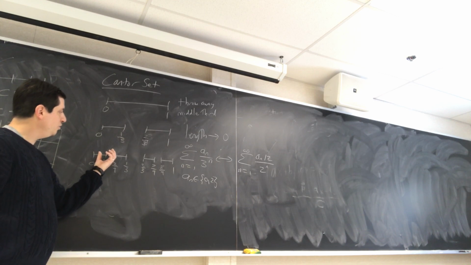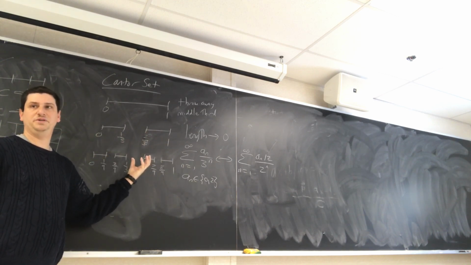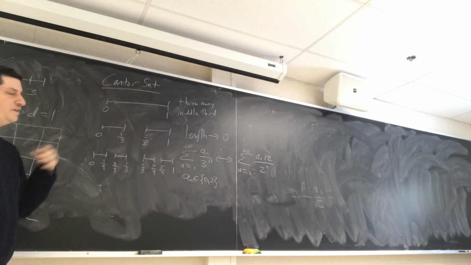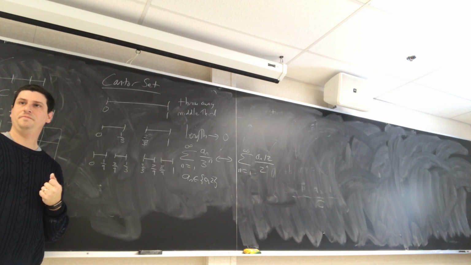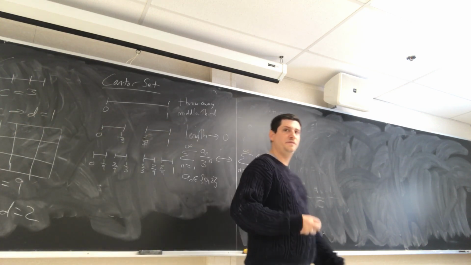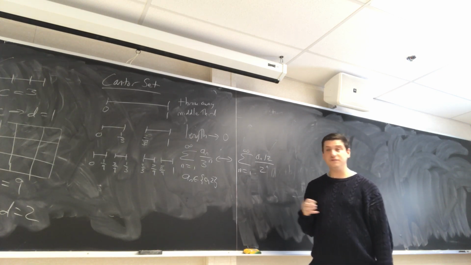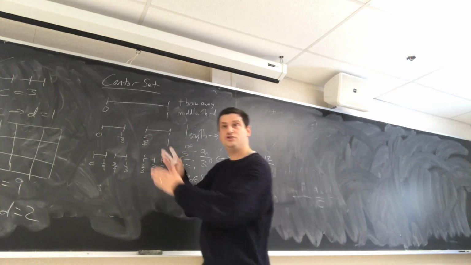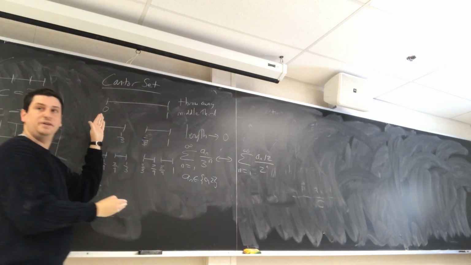So I want to figure out how much should I rescale things by to get a nice number of copies. Do you want to rescale things by a factor of 2 or a factor of 3? What do you think? Factor of 3. Factor of 3, we've got a 1/3 over here. If I triple everything, then this segment from 0 to 1/3 just goes up 1 level.